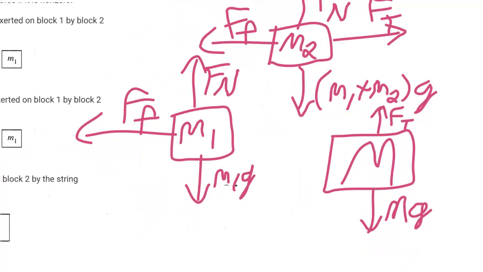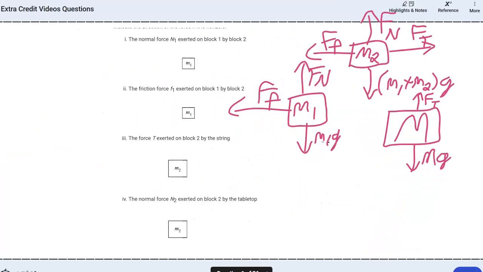Let's reset. Okay. The normal force N1 exerted on block 1 by block 2 would just be equal to the weight force. So it would be M1G. There you go. Frictional force F1 exerted on block 1 by block 2.